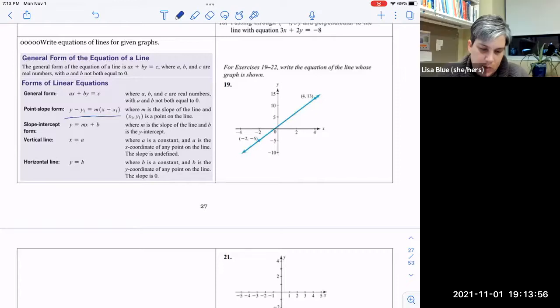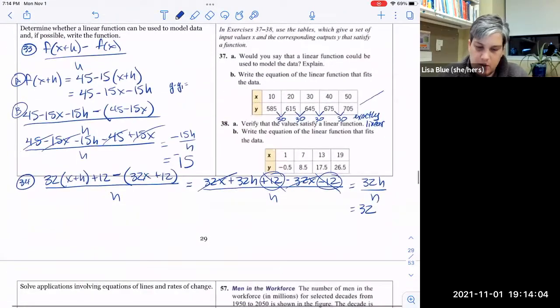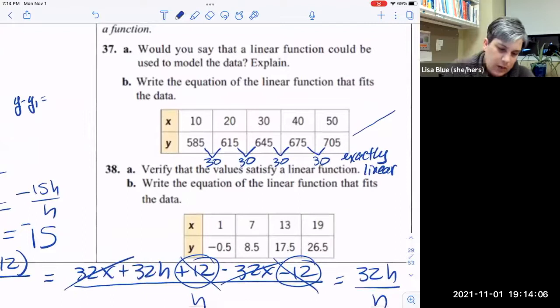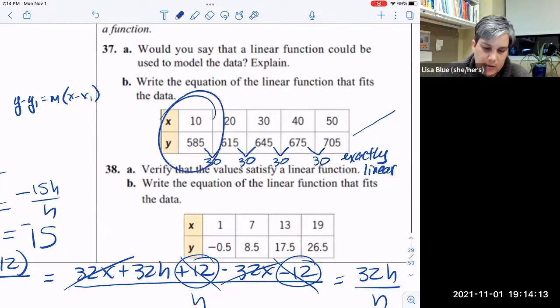And so we could use y minus y1 equals m times x minus x1, but then we would also have to find the slope, but that's totally doable. So y minus y1 equals m times x minus x1. And so we could say, let's just pick on this first ordered set of data. And so we could say y minus 585 equals, we've got to find the slope, and then x minus x1, which would be 10.